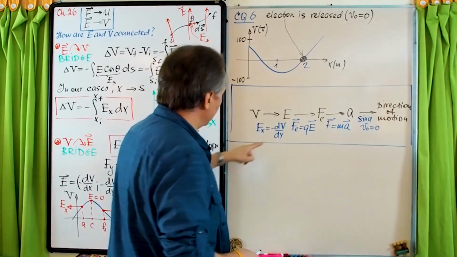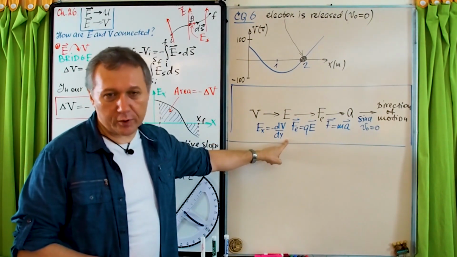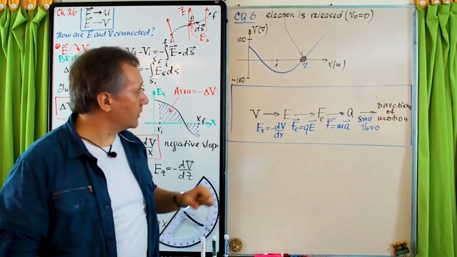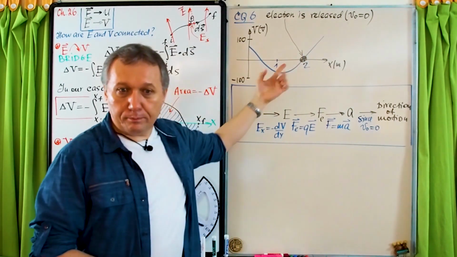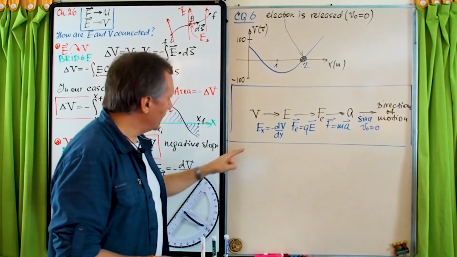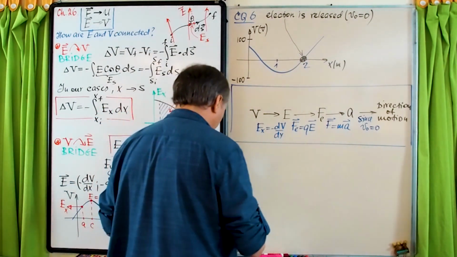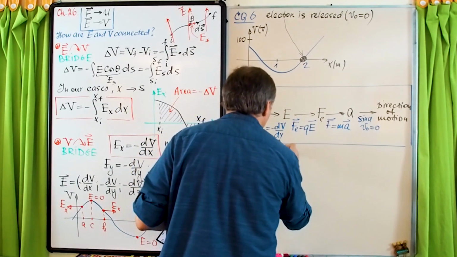So dV over dx, it's a slope. Of course, the slope at the point where the electron is. So the electron is there. Slope is positive, right? So the slope is positive.